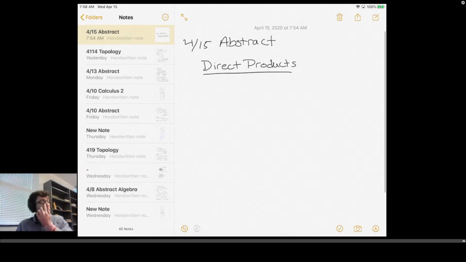Starting to feel the end coming soon. Not to the world. I feel like it could be, but to the semester. Oh, we got like 2.5 weeks left. It's kind of crazy.